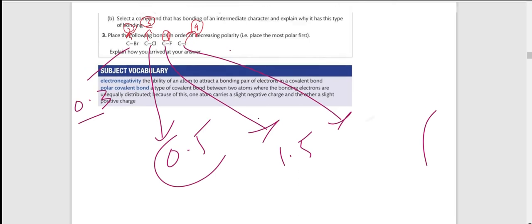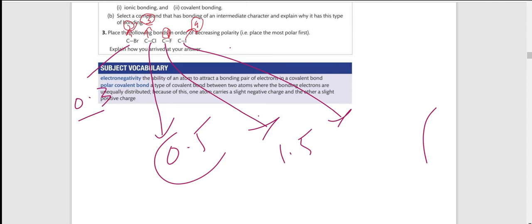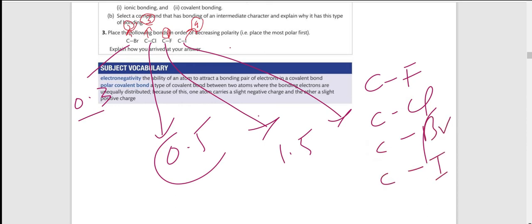So we have CF, followed by CCl, followed by CBr, and followed by CI. So this is the maximum character, and this is the minimum character.